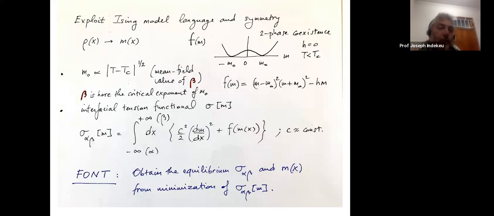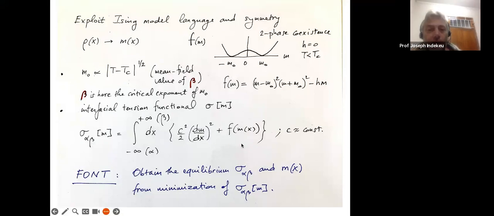Because if we take a homogeneous state and put the wrong density, then looking at the f of m curve, we would be perhaps somewhere here, and it would have an f value that is higher than that in the minima. So any realization of a homogeneous, spatially uniform state with the wrong density that doesn't correspond to the minimum of f will be penalized by the value of f itself.